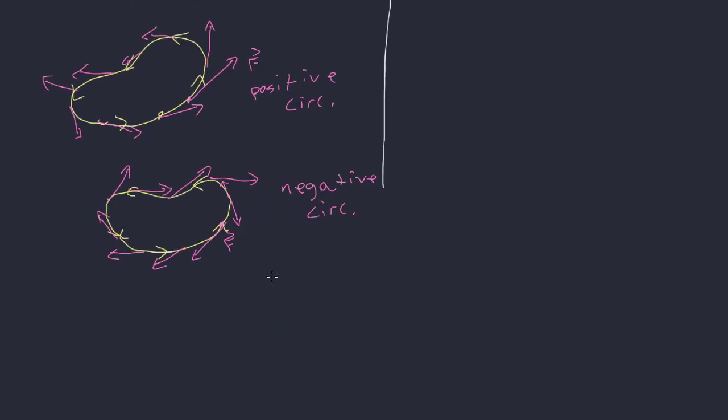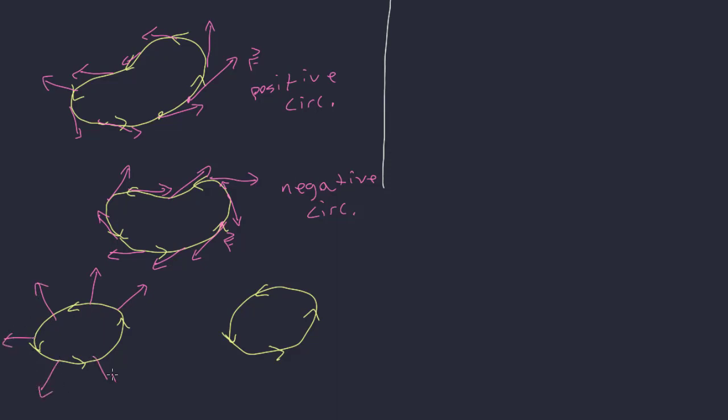Then zero circulation, that's if when you take a look at your path, I'm going to show the two different versions, either the path is completely perpendicular, or it goes along with the path on one side and then maybe goes against it in exactly the same way on the other.